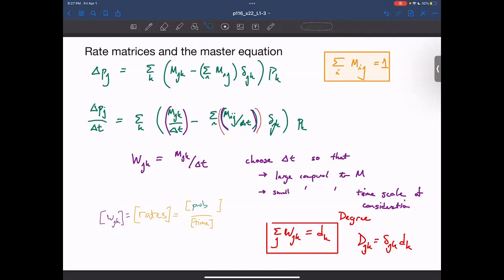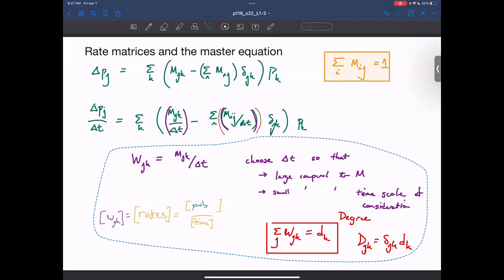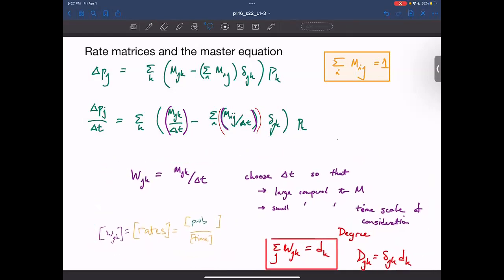Now we should be in a good position to write down our master equation. Sum over K, W_JK minus D_JK, P_K.